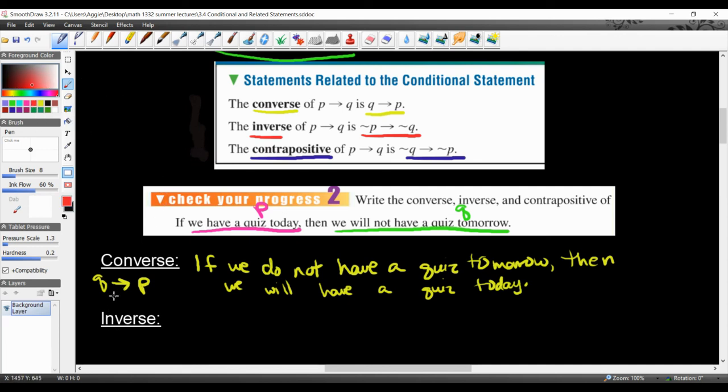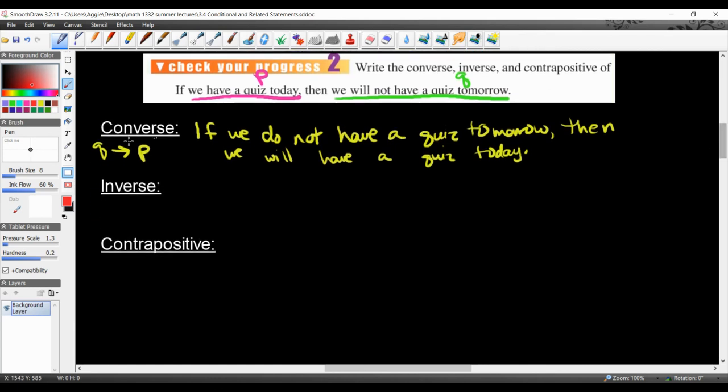Now the inverse is the next one. The inverse is not P implies not Q. I'm going to rewrite that right here.